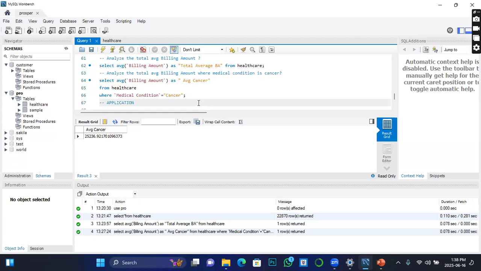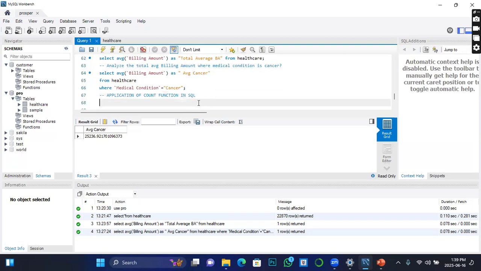Application of count function in SQL. So which question are we asking?